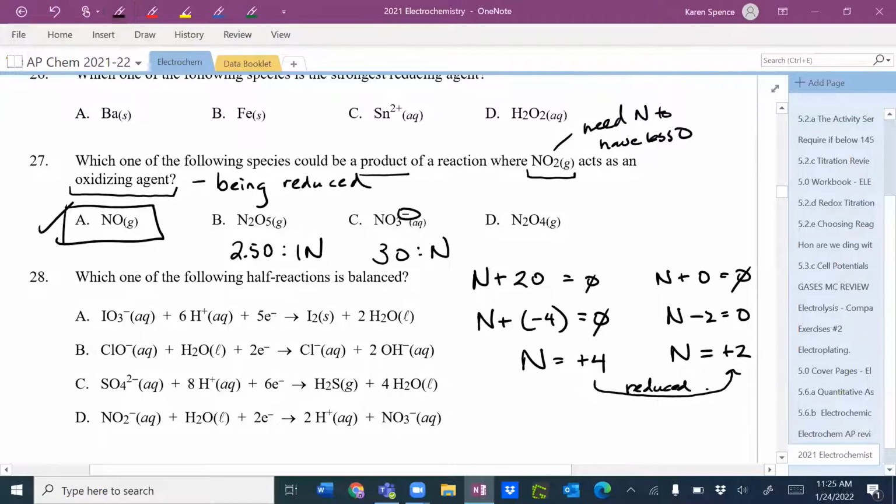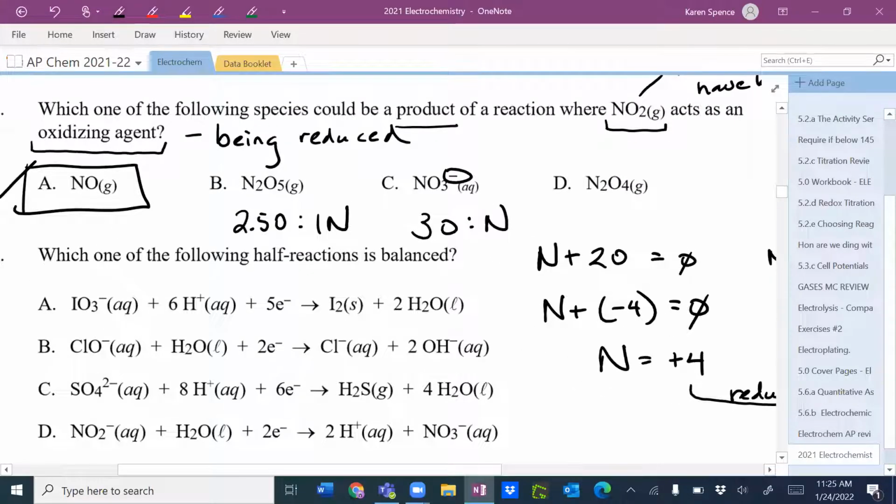Yes, there's a negative charge, but it's just a 1 negative, so that's not enough to make much of a difference. And in this one, we have 2 oxygen to every 1 nitrogen. So you can kind of look at it as a ratio thing. If the ratios are the same, there's been no oxidation reduction. Is that good?